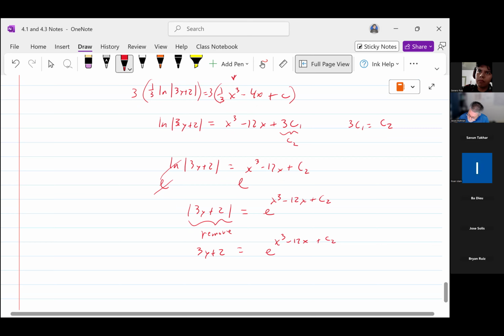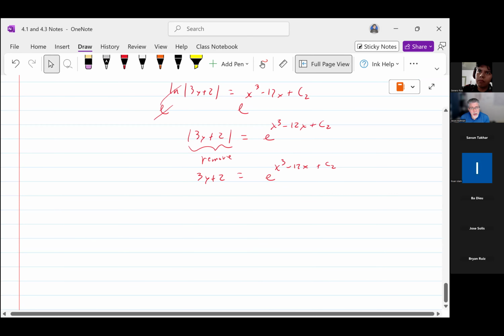Now, I'm going to do a little bit of algebraic manipulation here using the property of exponents, property of powers.